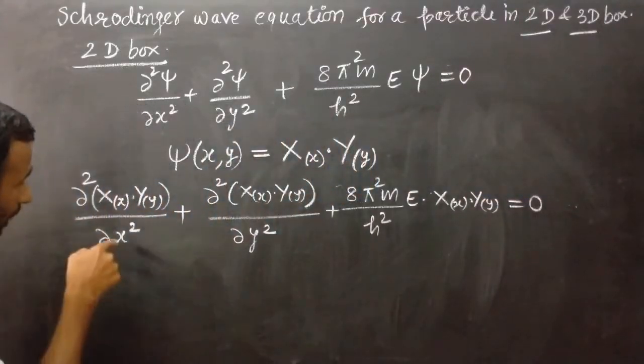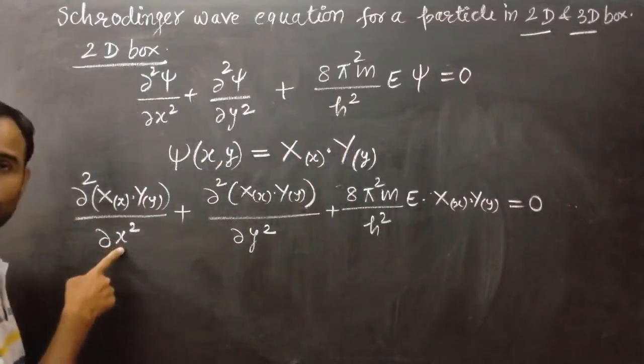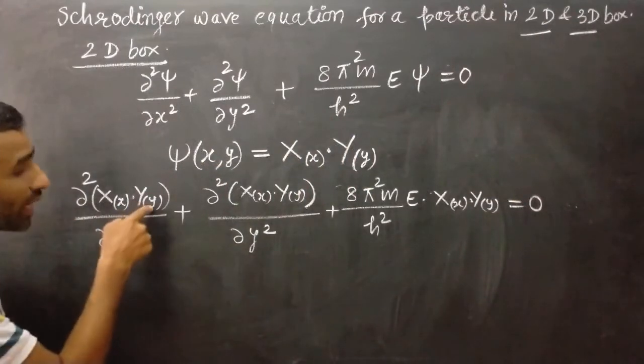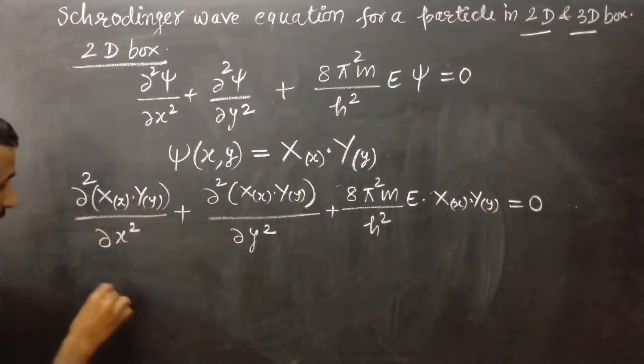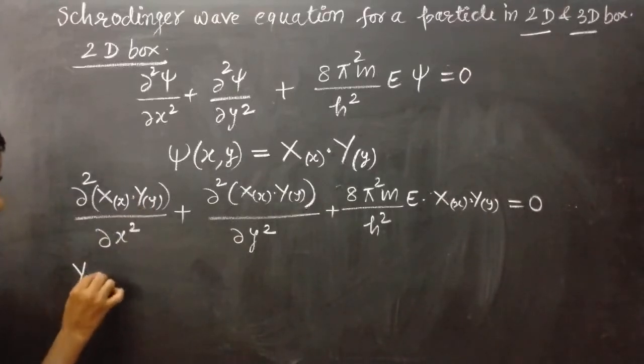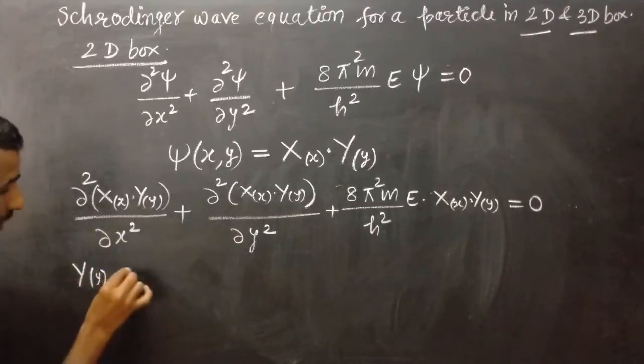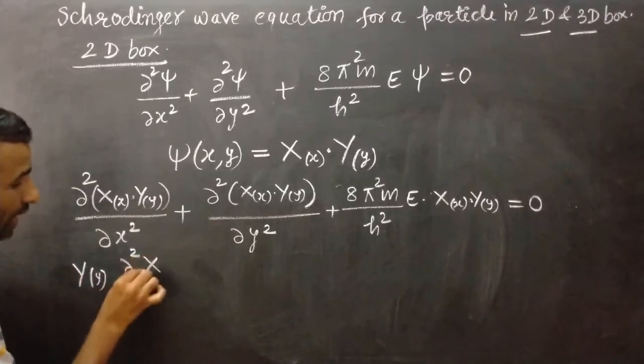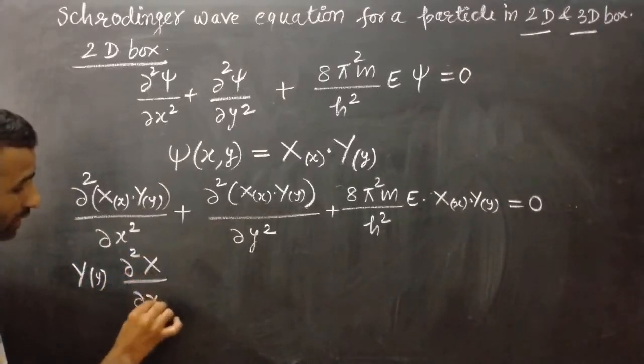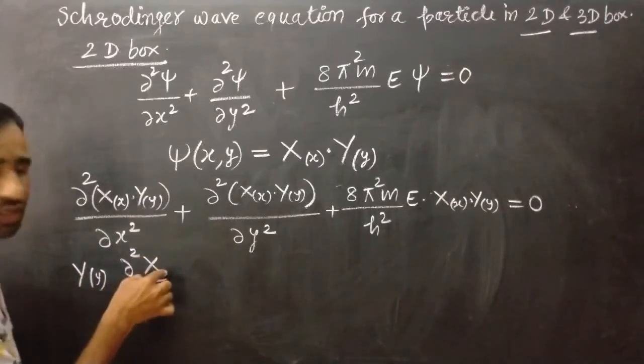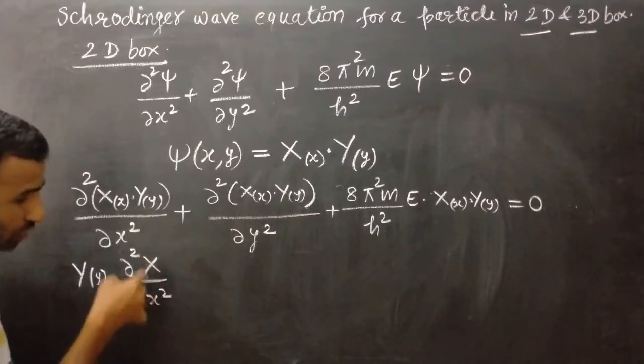Now see, this is the function of x, so that means Y is constant for that. So Y comes out and it is d square X over dx square. No need to write function of x because it is a function of x only.